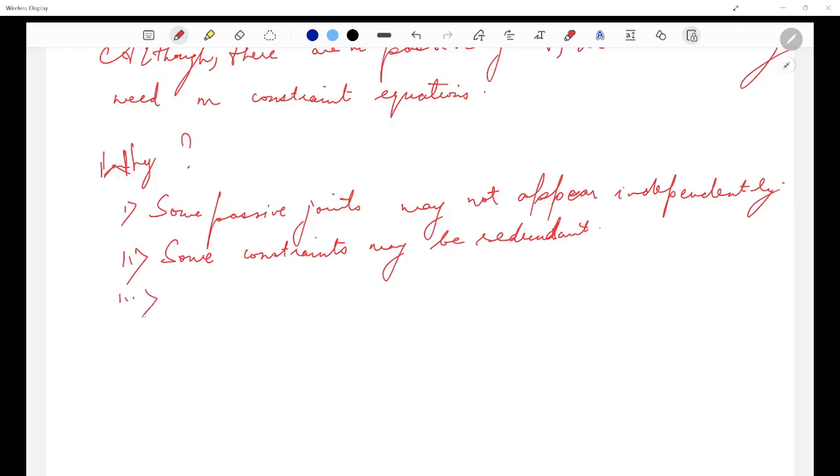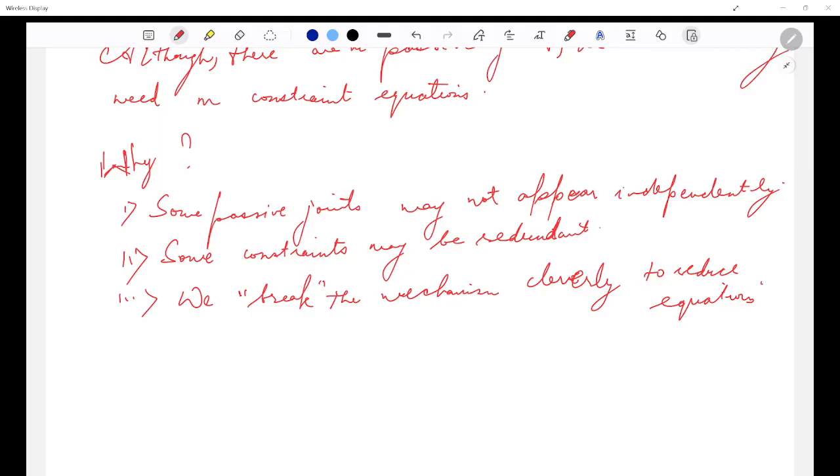And then we break the mechanism or the loop closure cleverly to reduce equations.